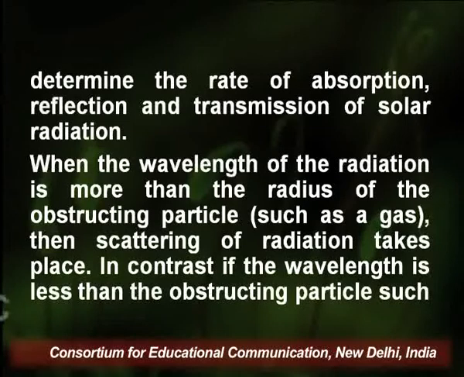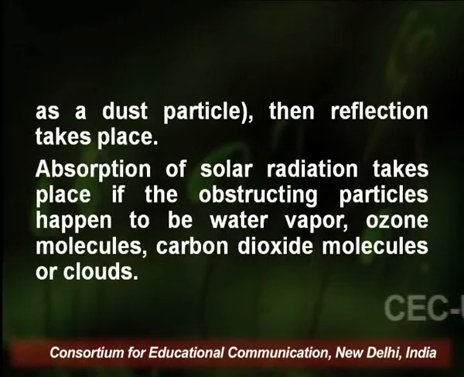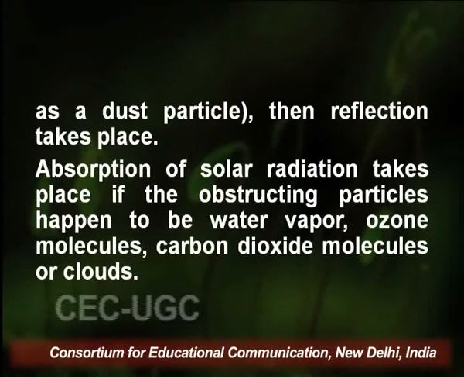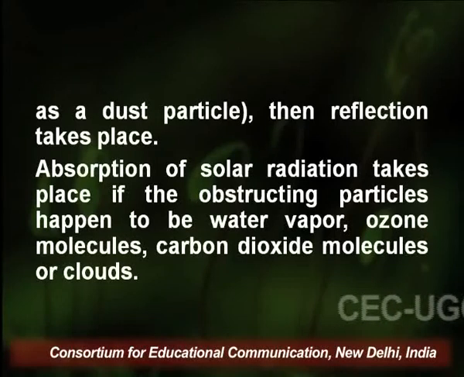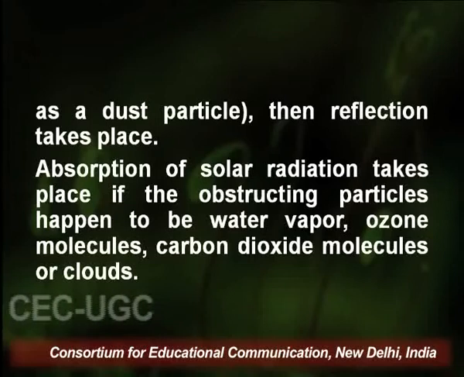When the wavelength of the radiation is more than the radius of the obstructing particle, such as a gas, scattering of radiation takes place. In contrast, if the wavelength is less than the obstructing particle, such as a dust particle, then reflection takes place. Absorption of solar radiation takes place if the obstructing particles happen to be water vapor, ozone molecules, carbon dioxide molecules or clouds.